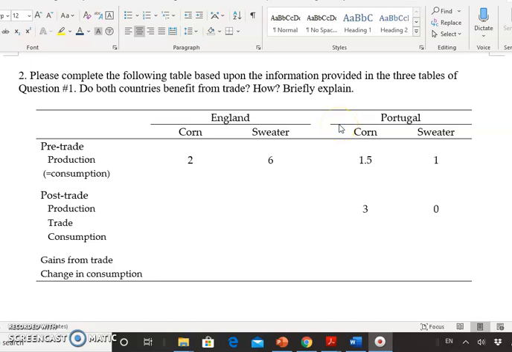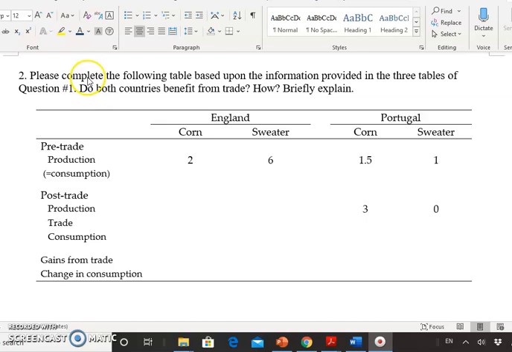Okay, here, the second question on this worksheet number 7, we're trying a different way to demonstrate the gains from trade. As we said before, this is a challenge topic, so we would like to use multiple ways to get this point across.